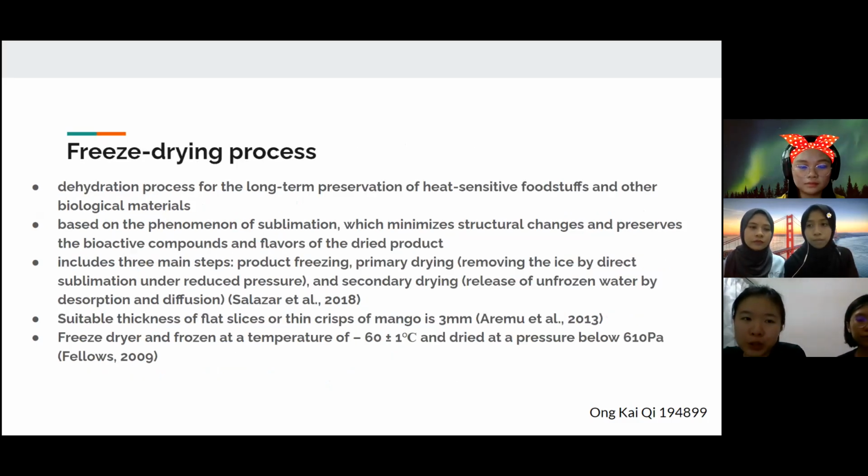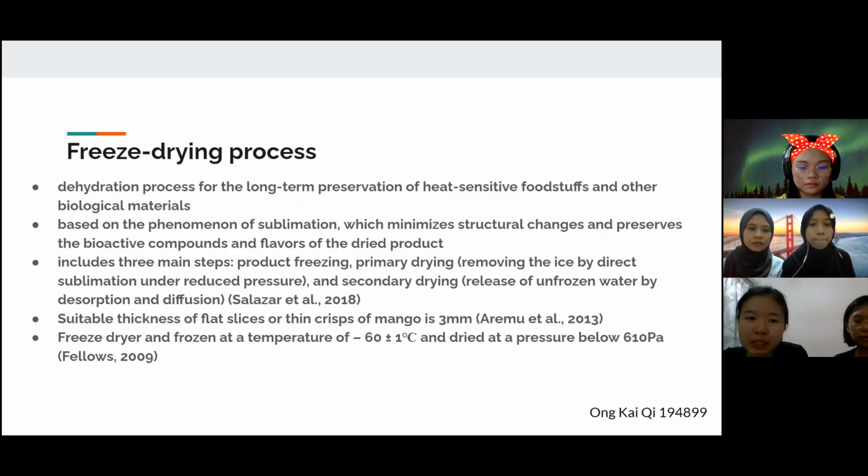For our product, we choose the freeze drying process for long-term preservation. Freeze drying is based on the phenomenon of sublimation, which can minimize the structural changes and preserve the bioactive compounds and flavors of the dried product.